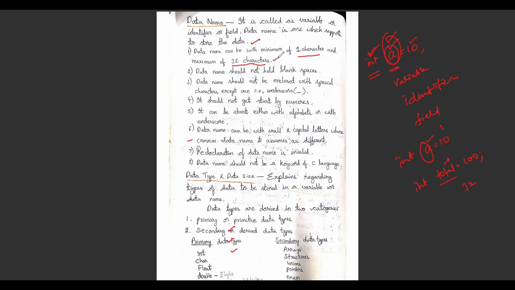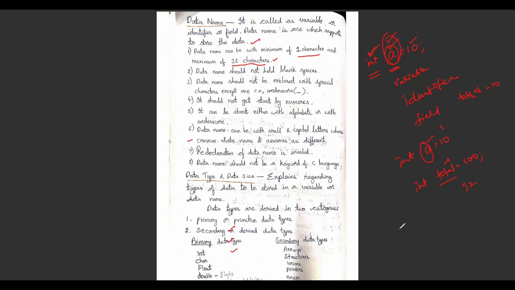Data name should not hold any blank spaces, like total equals 10 with a blank space here. That is not allowed in the C language.